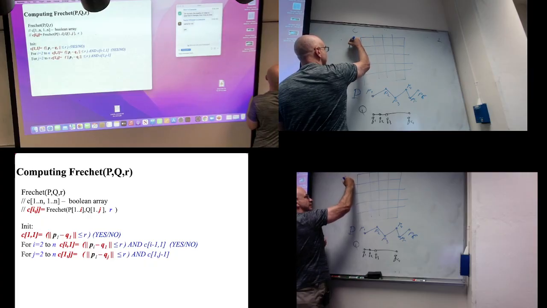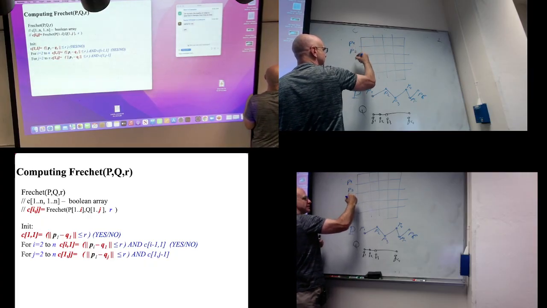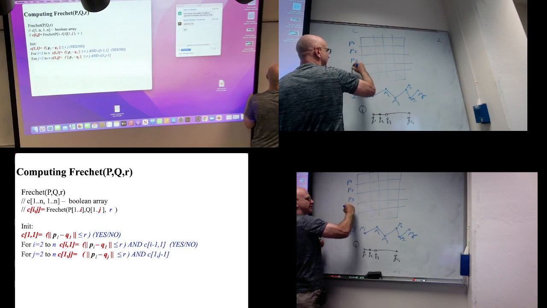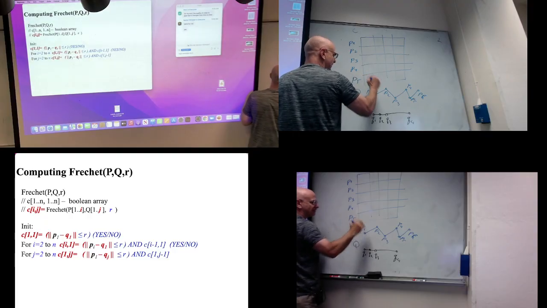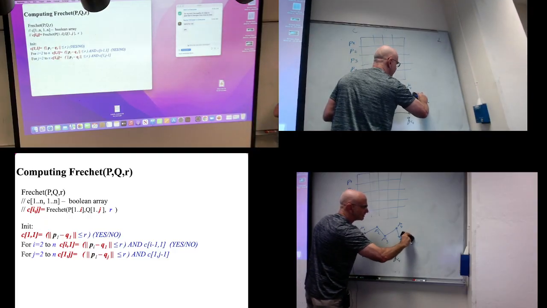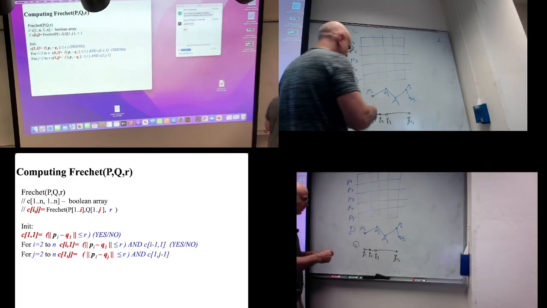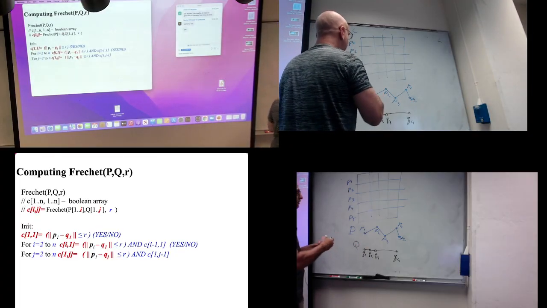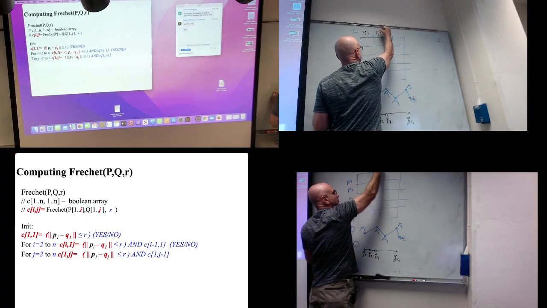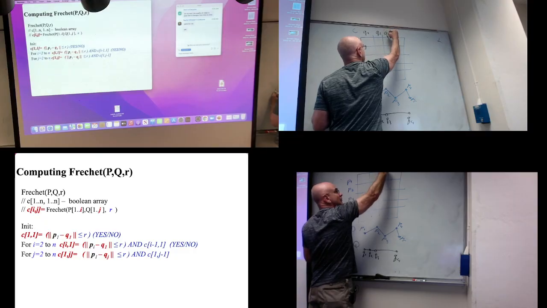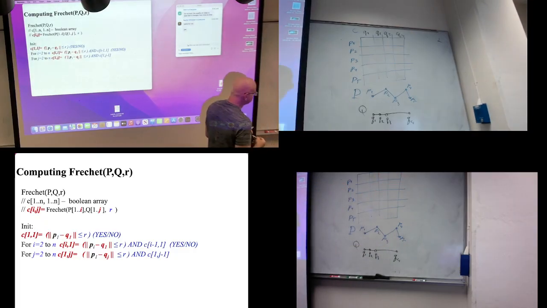I will use this array to denote: the rows will denote vertices of P, P1, P2, P3, P4, P5, P6, and I'll use the columns to denote Q1, Q2, Q3, Q4. I'll stick with this example.